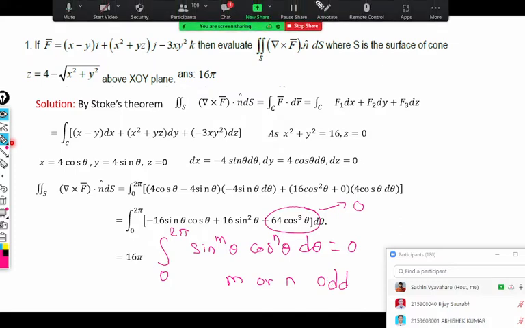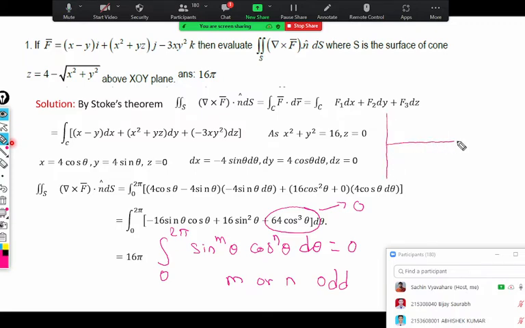Is that clear? Sir, what is this formula called? These are just trigonometric properties of definite integrals. Actually, it is very easy to prove this geometrically. Let me explain in 2 minutes, because a few of the students have problems here.